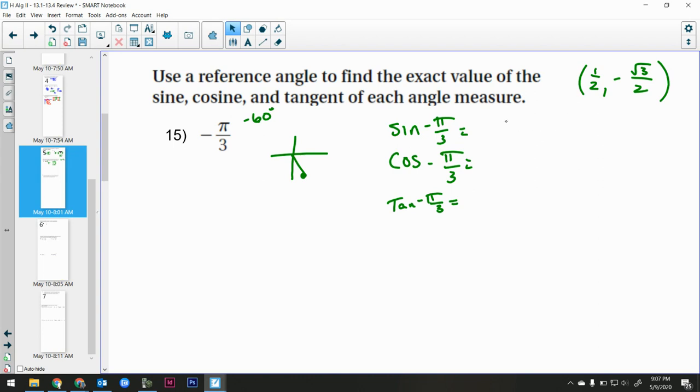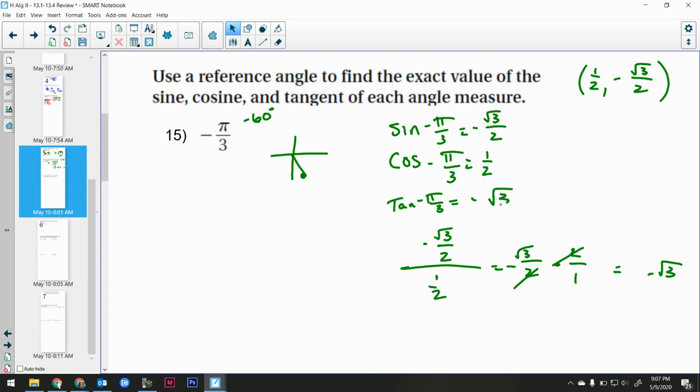Okay, so remember cosine is the x value, sine is the y value, and then tangent is y divided by x. Negative radical 3 over 2 divided by 1/2. So that would give me negative radical 3 over 2 times the reciprocal. So there's a negative there. Negative radical 3 over 1, or just negative radical 3.